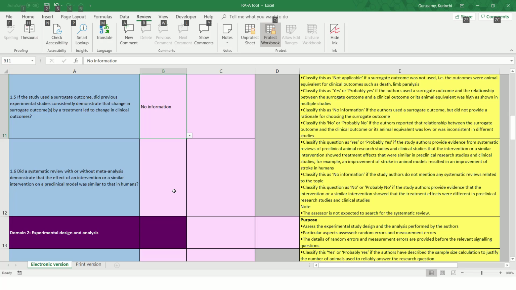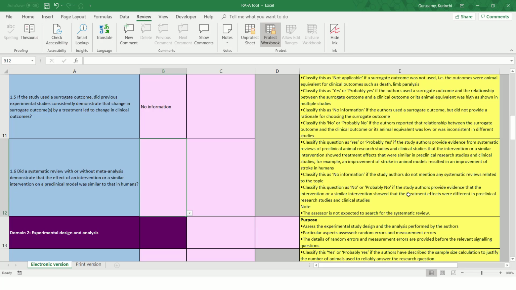We have scanned through the article and we didn't find any information why they used cecal ligation and puncture and whether there were previous systematic reviews, etc. So classify this as no information if the study authors do not mention any systematic reviews related to the topic. Okay, so that's where we are. That's what we should select.